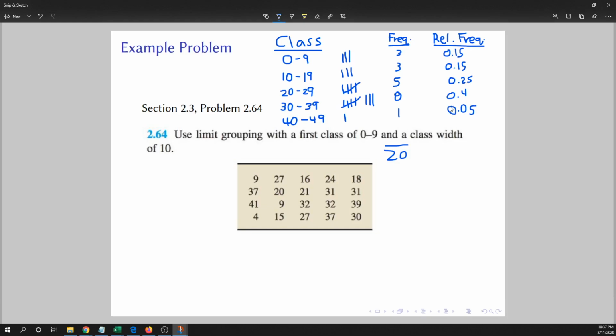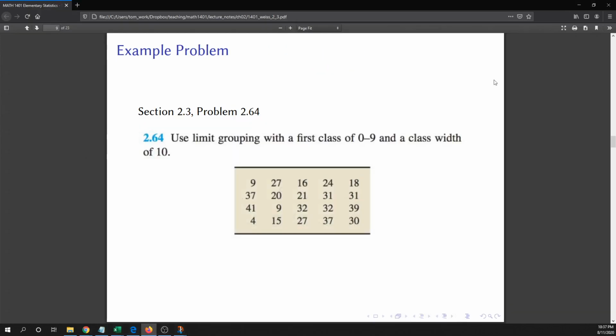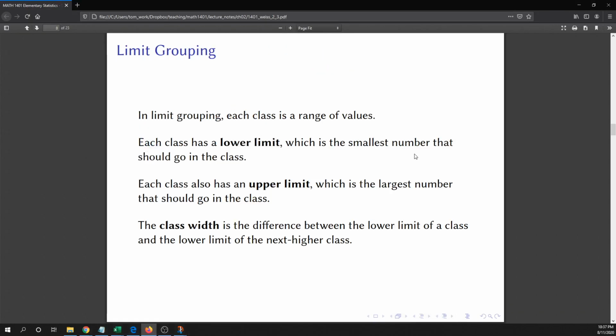Okay. All right, so again, just going back over that one. Each class has a lower limit, and that's the smallest number that will go in that class. Each class has an upper limit. That's the largest number that should go in that class. And then the class width is the difference between the lower limits of successive classes, right?